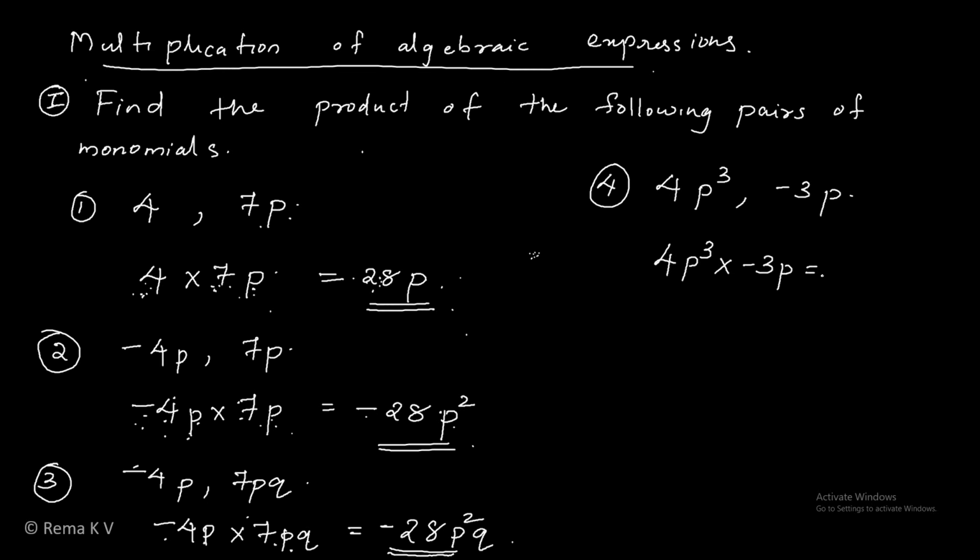What's the product of 4p cube into minus 3p?